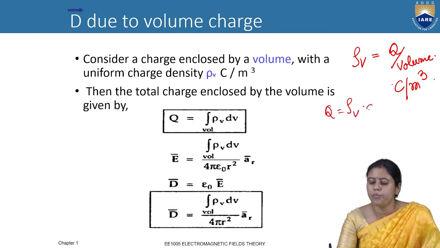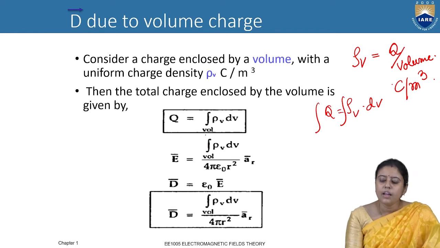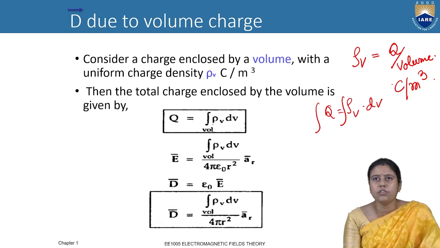Q is equal to rho v into dv. It is a volume integration, so Q is equal to the triple integration of rho v dv. What is E? E is equal to Q by 4 pi epsilon r square.